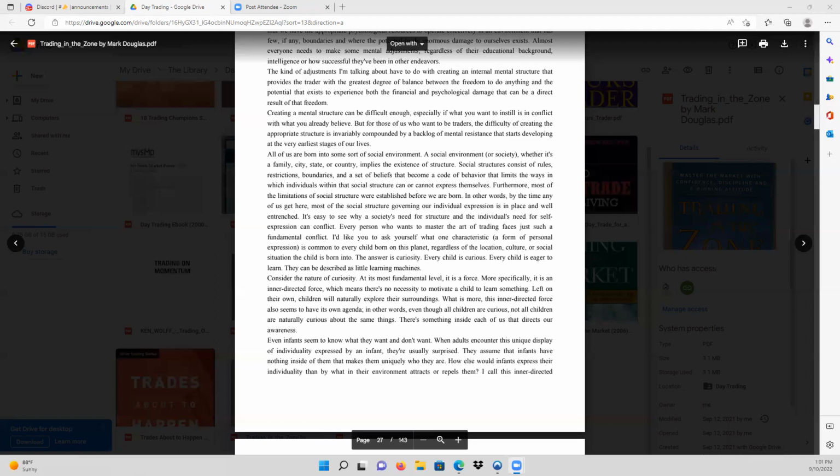We have to have a winning attitude. We have to have a confident attitude. This is where we begin to be successful. And I think the best quote from this first chapter is, the best traders aren't afraid. When you are fearful, no other possibilities exist, right?